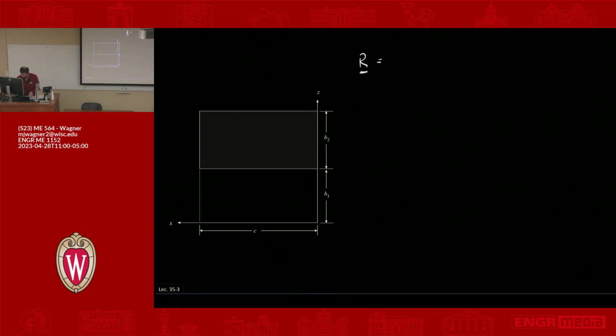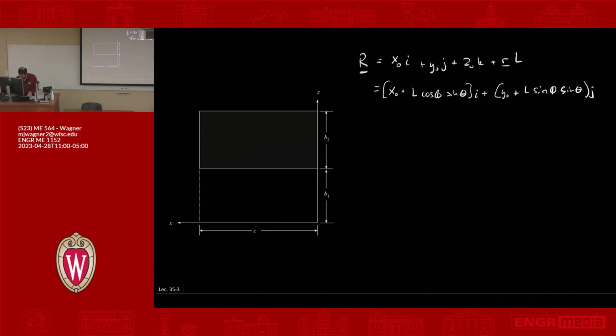So we would write that just generally as saying, okay, I'm going to start at some x0 position times the i component plus y0 j plus z0 k plus r times L. Okay, so then writing that out further just to see what I mean here, this is going to be x0 plus L cosine phi sine theta, that times i, plus y0 plus L sine phi sine theta times j plus z0 plus L cosine theta times k.